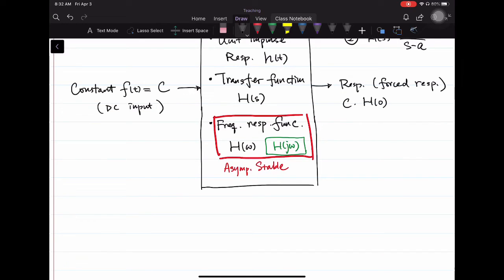Next, if f of t is an everlasting exponential signal, from what we did in chapter 2, we know the response will be H of lambda times e to the lambda t.